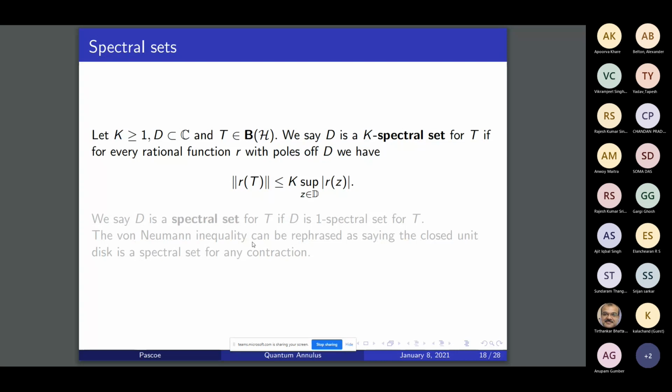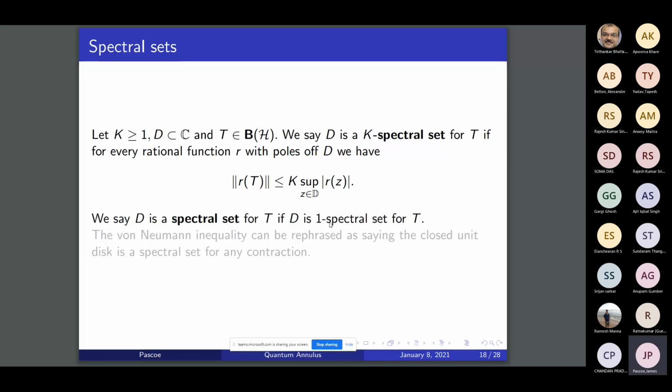So if I have K a constant greater than 1 and D a subset of C, so some other domain than maybe the unit disk, and I have T inside of the bounded operators on a Hilbert space, we're going to say that D is a K spectral set for T if for every rational function R with poles off D, we have that the norm of R of T is less than or equal to this constant K times the sup of the modulus of R of z.